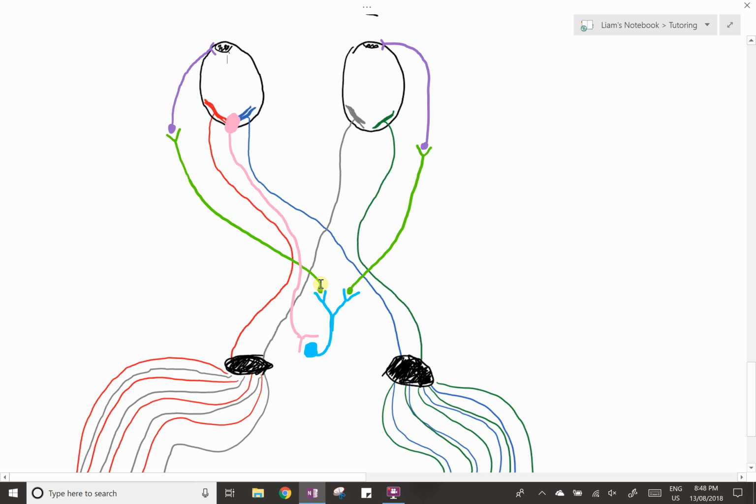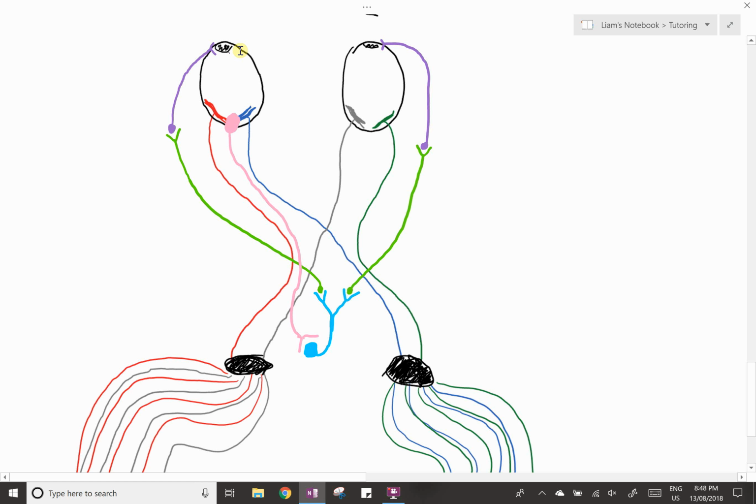The EW nuclei will then send a parasympathetic branch to a ciliary ganglion on each side. The ciliary ganglion will then supply another parasympathetic nerve to the sphincter pupillae muscles in the pupil.